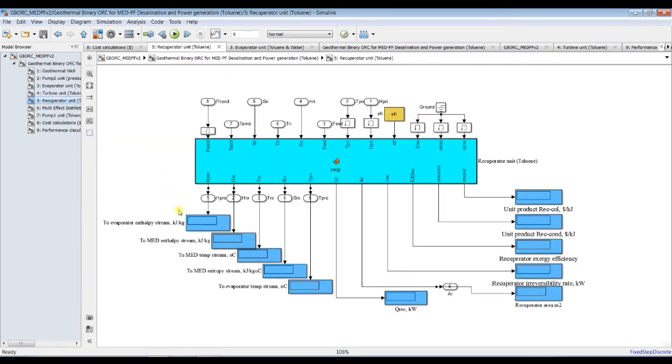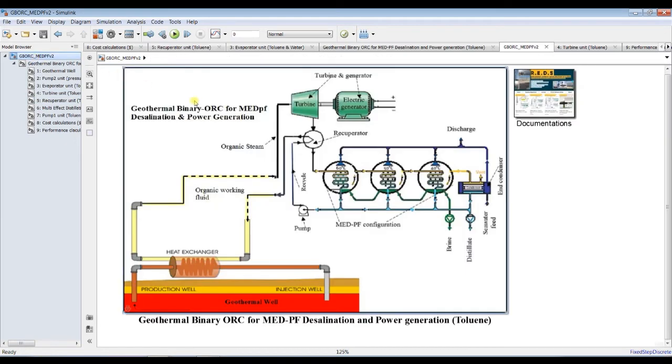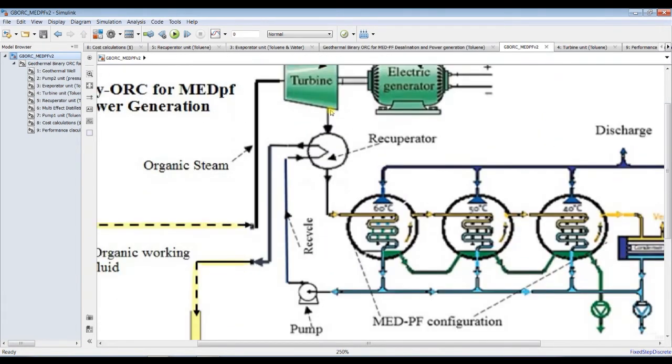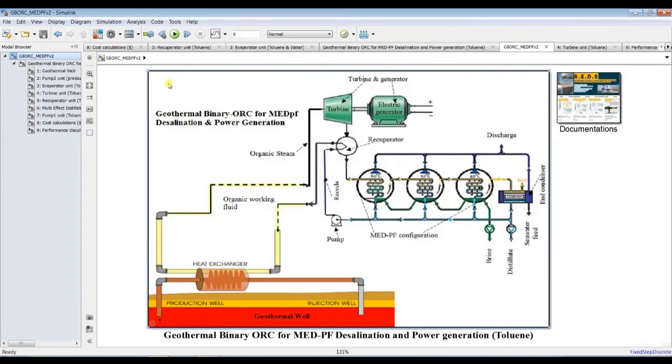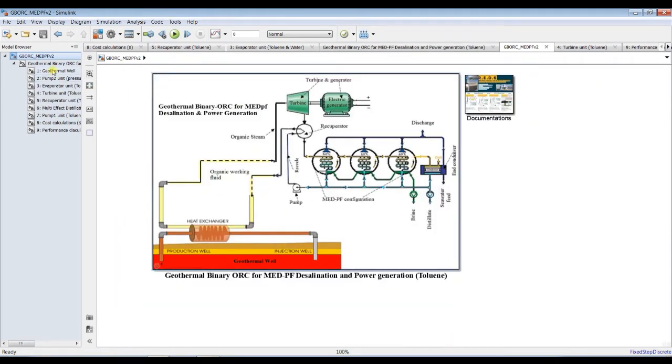The recuperator is also some kind of heat exchanger, because we have 4 streams, as you can see here. Inlet, this is the turbine stream hot side, and this is the cold side, which is going to be preheated before going to the boiler heat exchanger. It's a little bit complicated cycle.